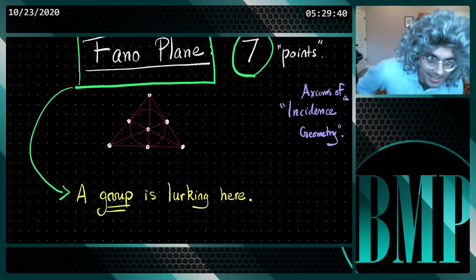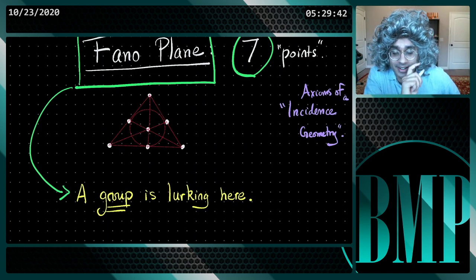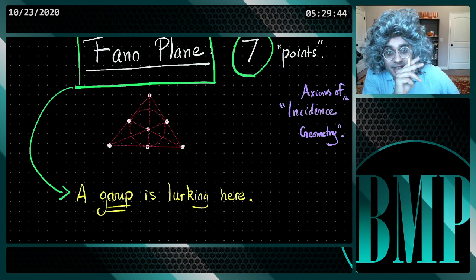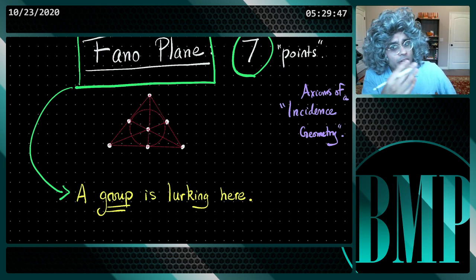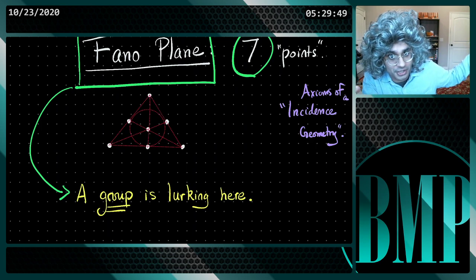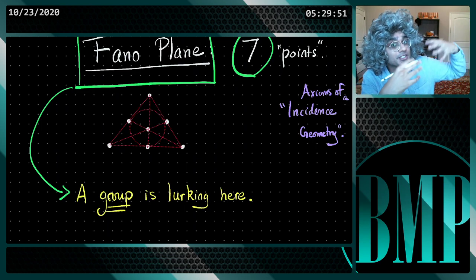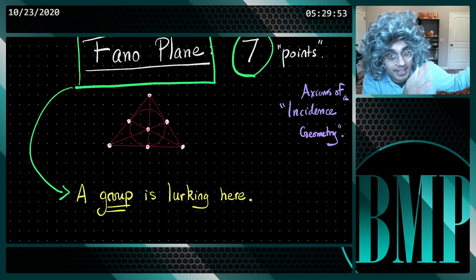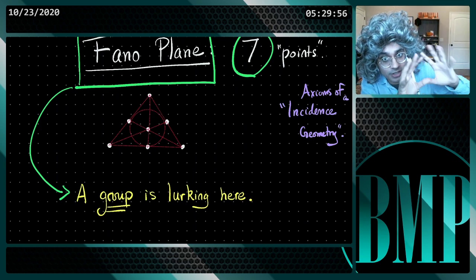So there's actually a group lurking here. I want to tell you what the group is, because the description of this group works for all kinds of incidence geometries. And it yields all kinds of interesting groups that you haven't seen yet, Sloth.